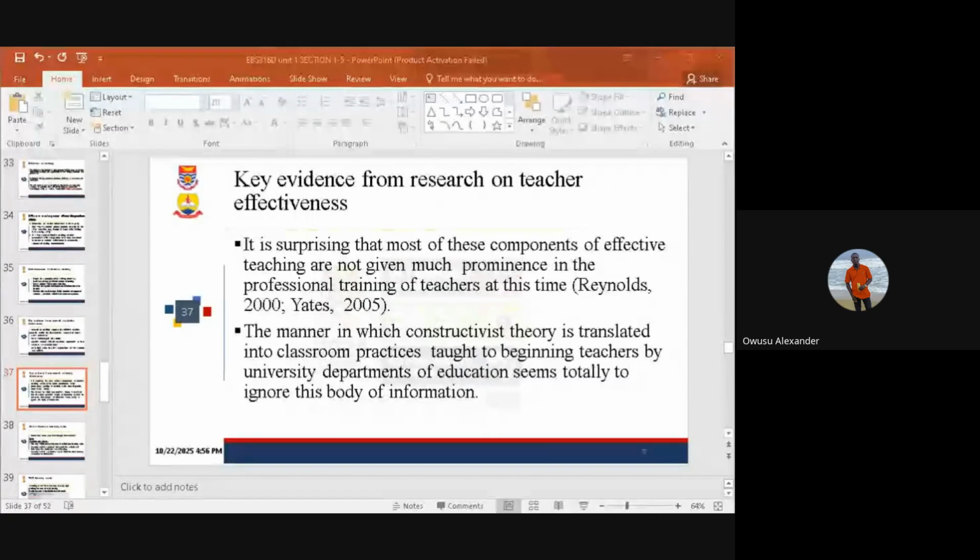In a typical Ghanaian society, they only measure teachers' output through examination, that is BECE and WASSCE, the summative one. But it has been clearly shown here that an effective teacher shows enthusiasm and has a well-managed classroom. But why are we always blamed when students do not perform well?